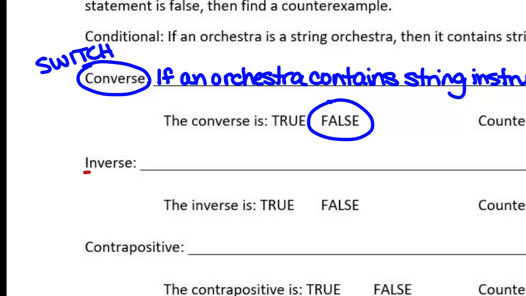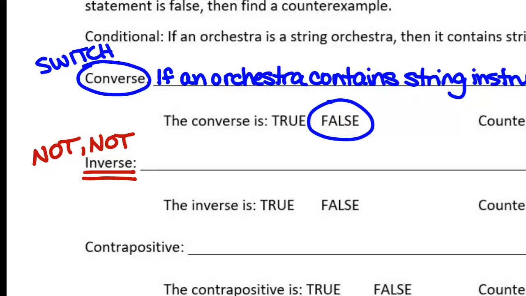All right, for inverse, what do we do for inverse? Not. So I'm going to go back to my original conditional. If an orchestra is a string orchestra, then it contains string instruments. How would I write the inverse? Yep.